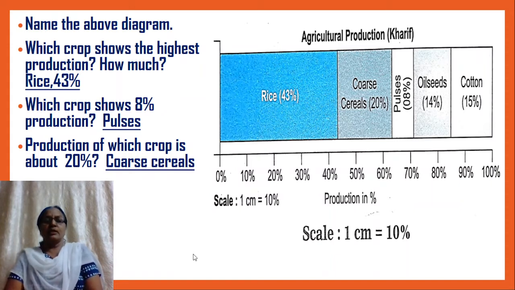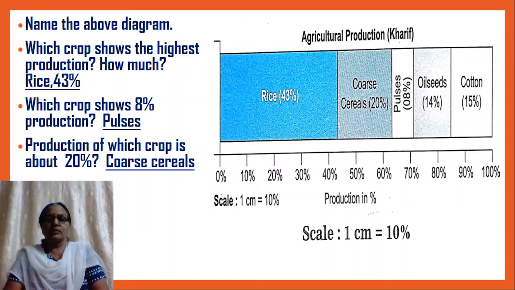Now what do you call this diagram? This is a divided rectangular graph. Here the questions that I have given are straight, you can see directly. You just have to read it.